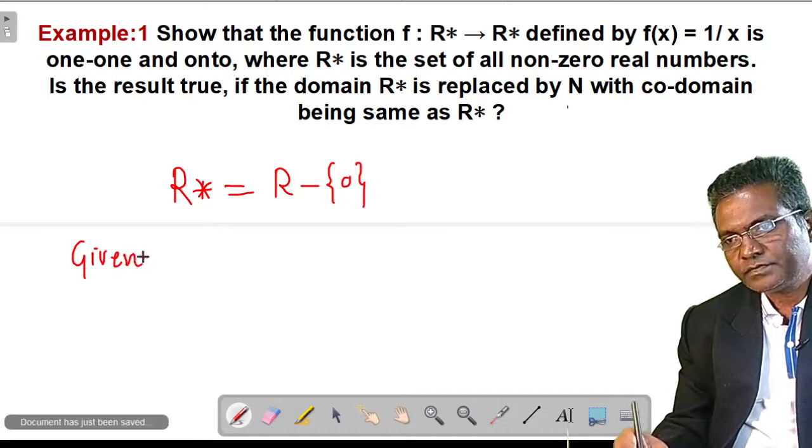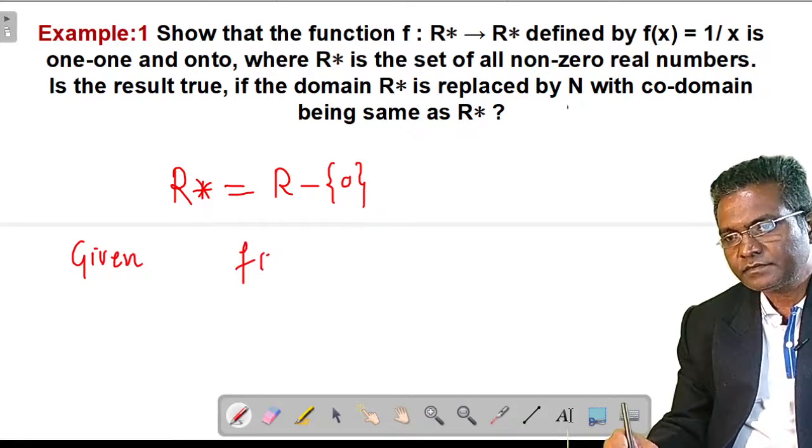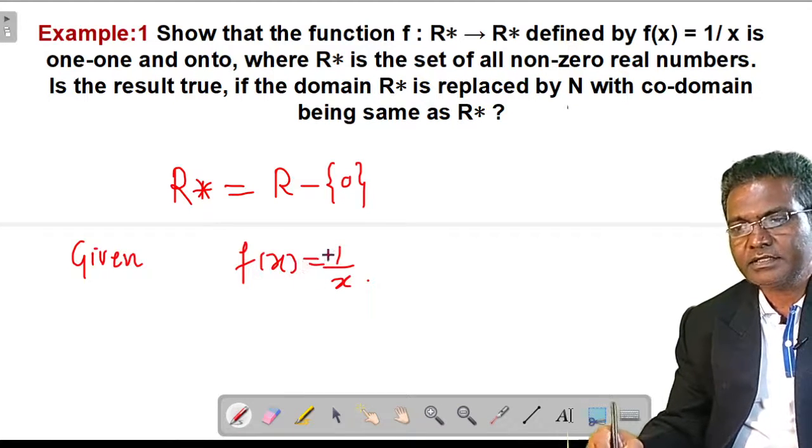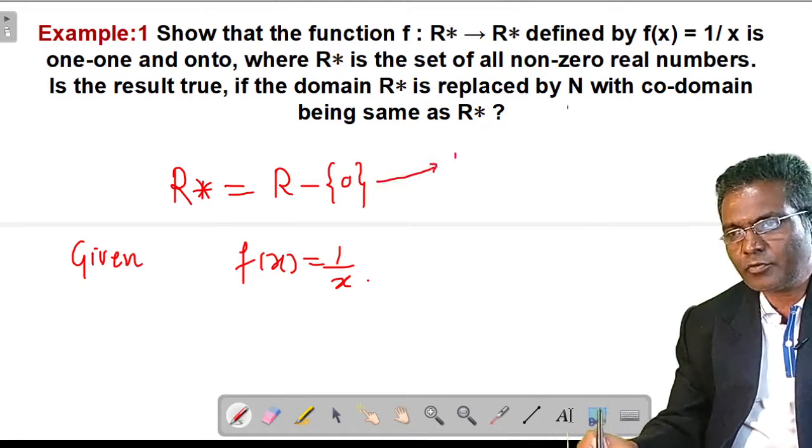So given f of x equals to 1 by x. Okay, so this is the domain as well as the codomain.